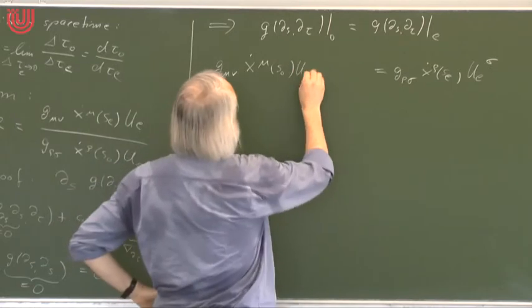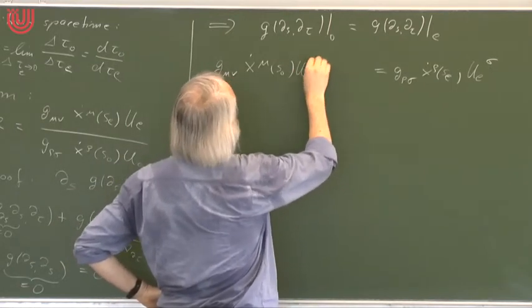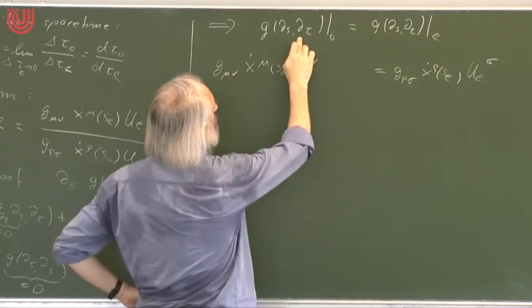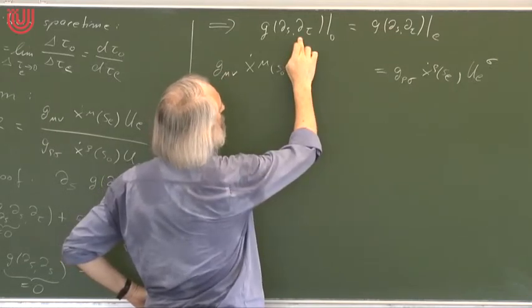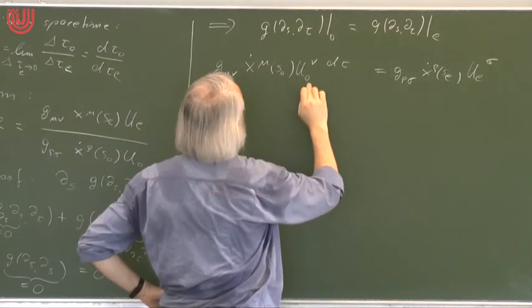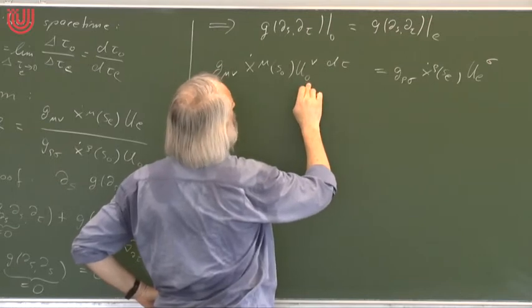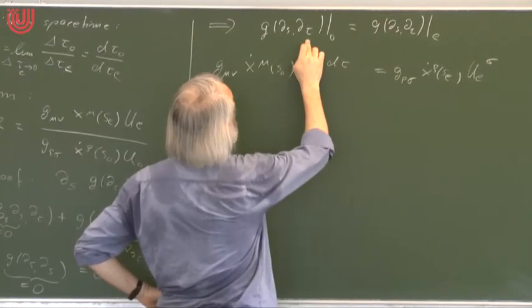On the other side, it does not coincide with proper time. If I write here the observer, then I have to correct for the fact that tau and tau tilde are not the same thing. So not tau and tau tilde, but tau_o and tau_e. So this is d/d tau_o.